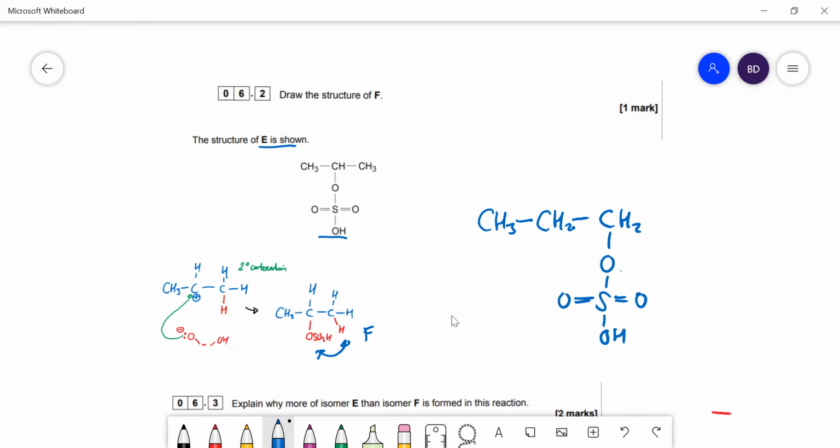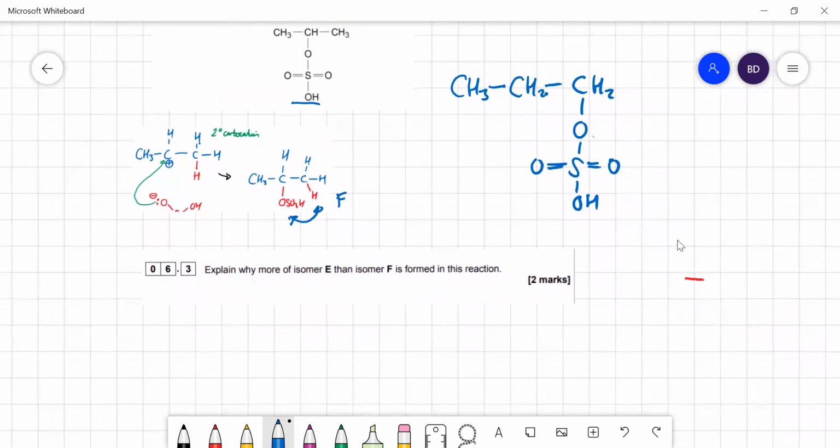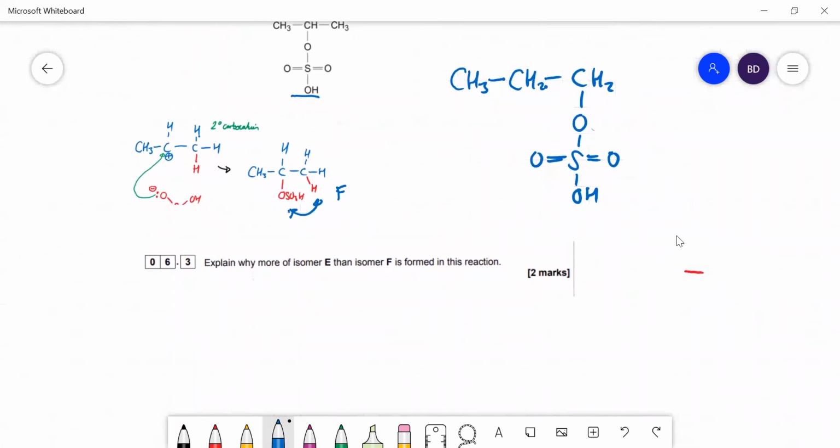Okay, explain why you get more of isomer E than F in this reaction. Right. Now, all you need to write down here is because E is formed via the secondary carbocation.